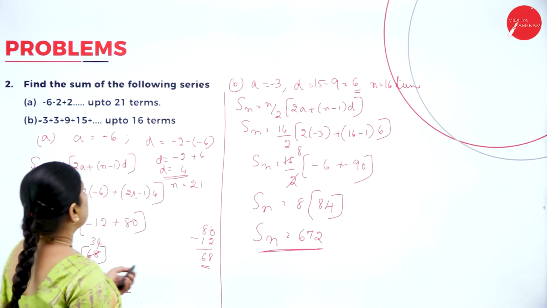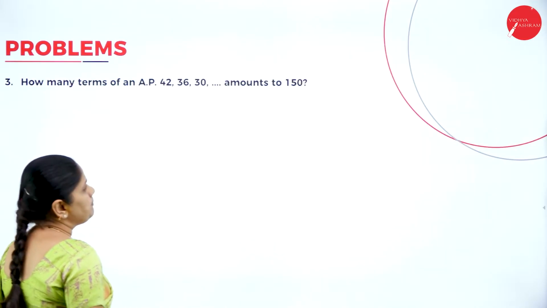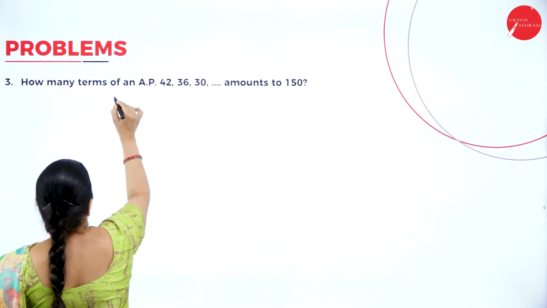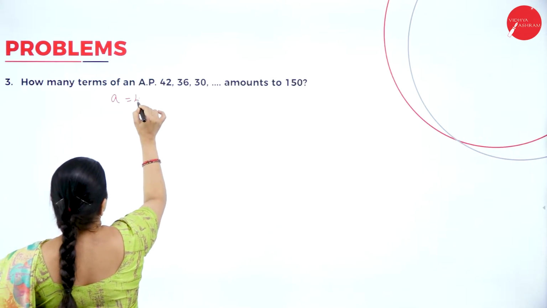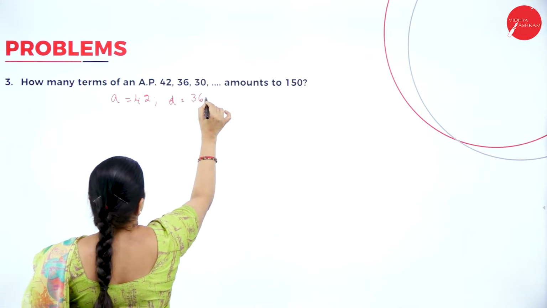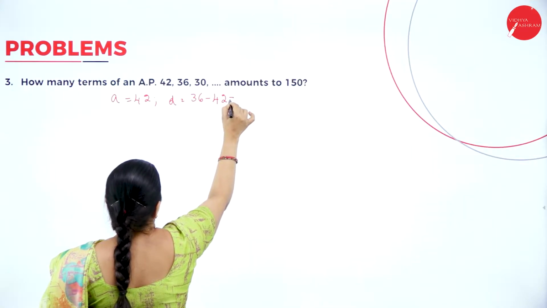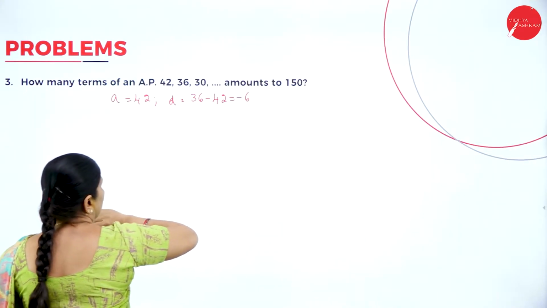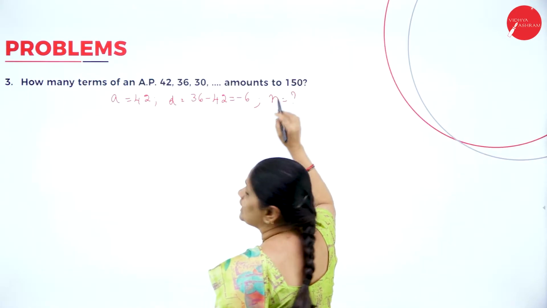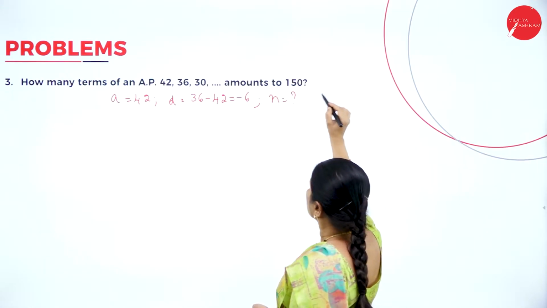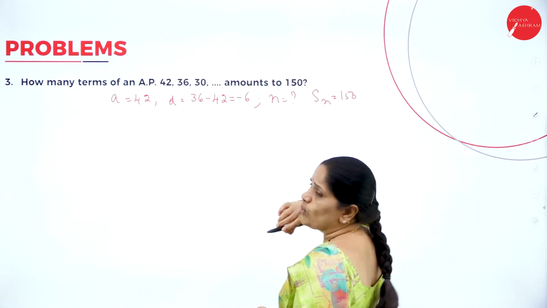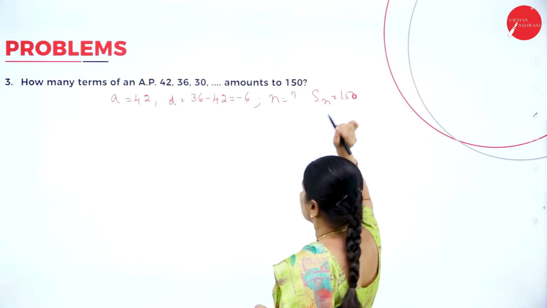The next problem. How many terms of an AP amounts to 150? Now what is given here? A equals 42, D equals 36 minus 42 equals minus 6, and n we don't know, how many terms we don't know, but they have given the sum of the terms, so it is 150.